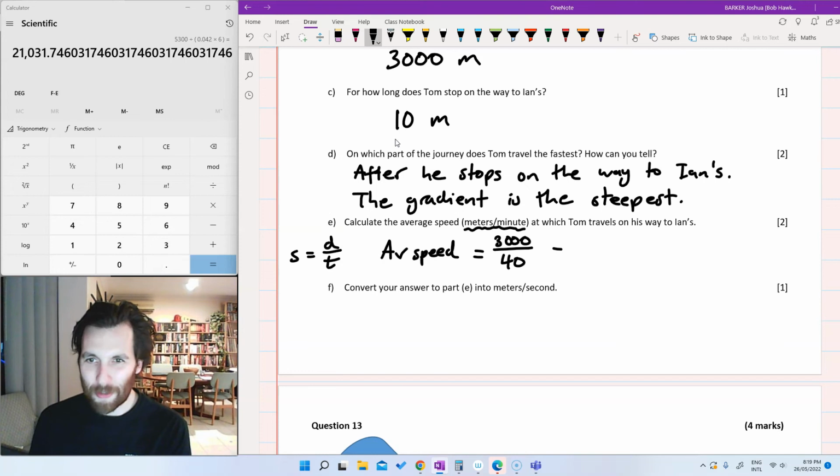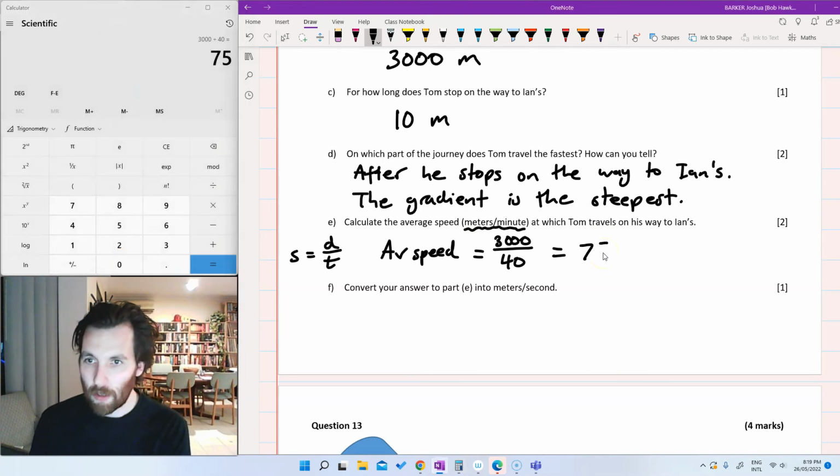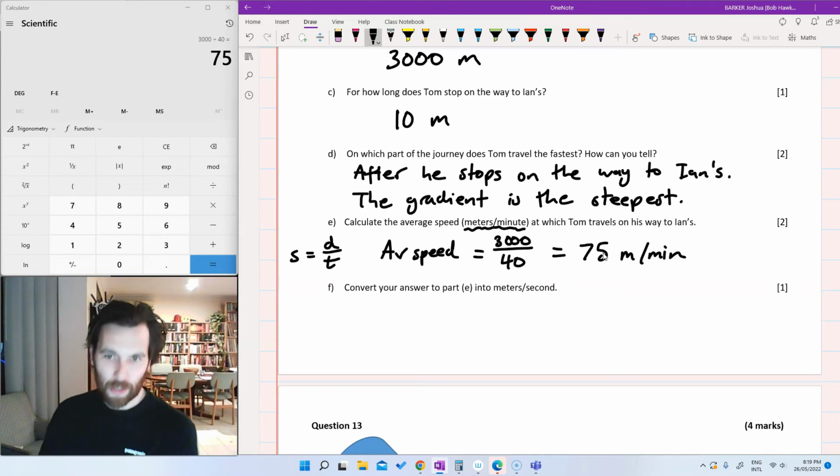I don't like going horizontal with my equals, but I don't think I have much of a choice here. 3,000 divided by 40 should give you 75 meters per minute. Okay, and now we're going to change that to meters per second.